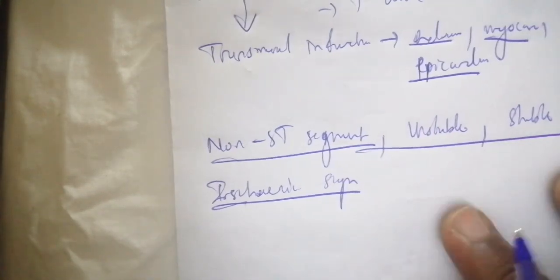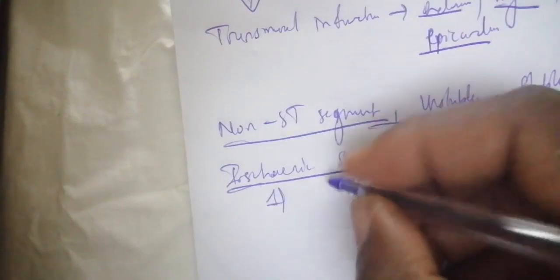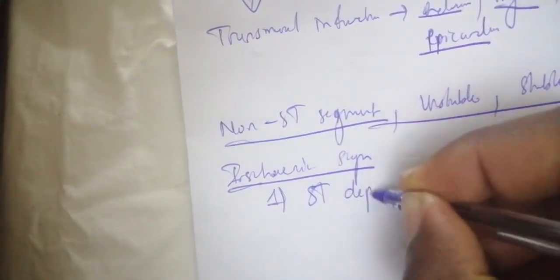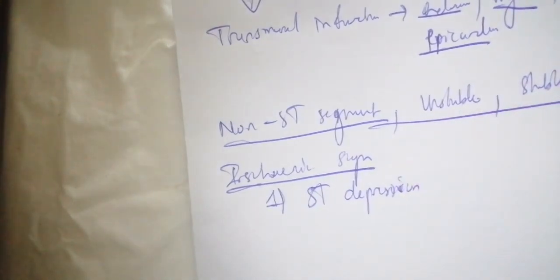And what are ischemic signs on ECG? The first ischemic sign is ST segment depression. ST segment depression is going to be shown on the ECG for non-ST segment elevated myocardial infarction, and angina.